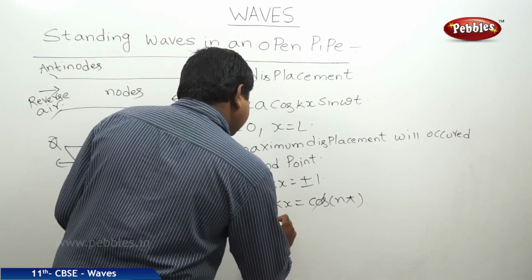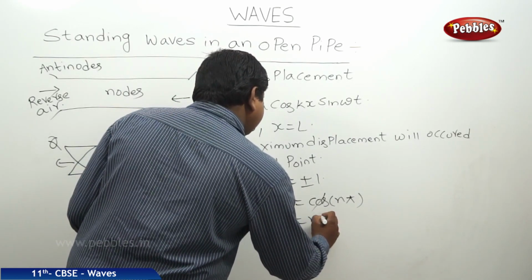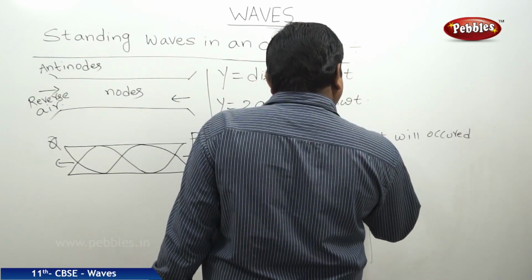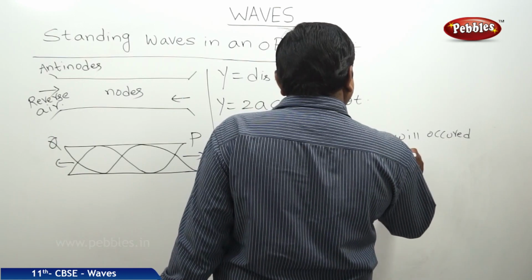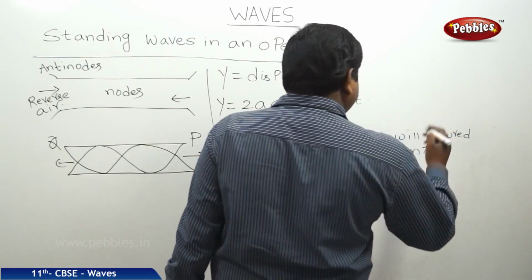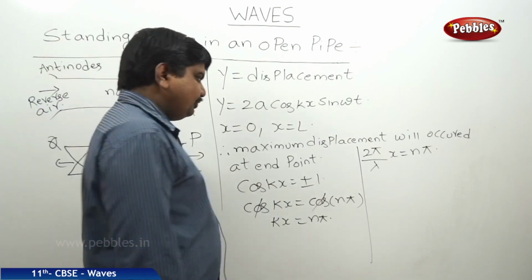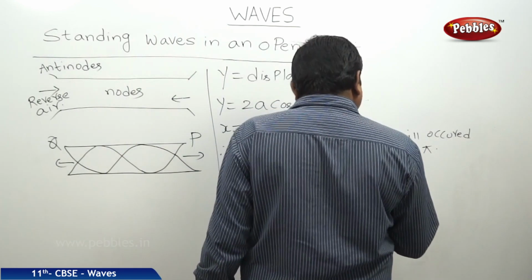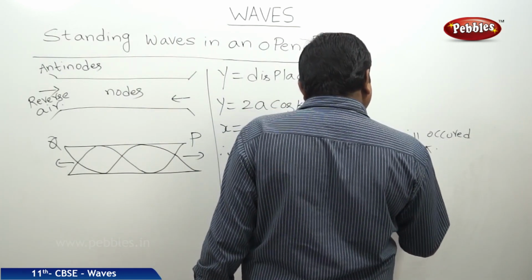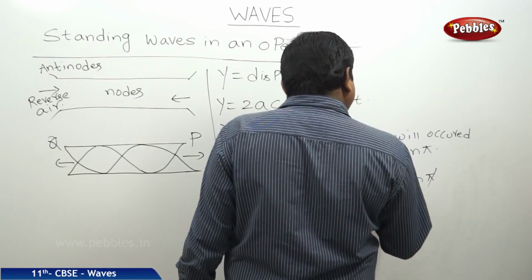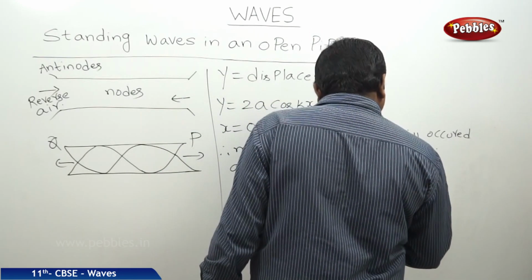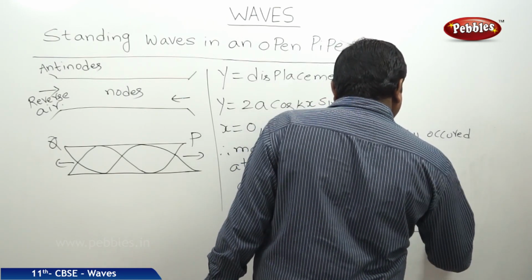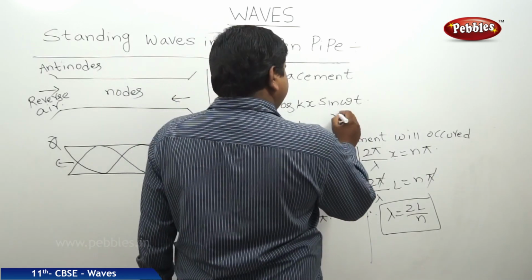Cos and cos get cancelled. Kx is equal to n pi. Therefore, k is 2 pi by lambda into x is equal to n pi. Here x is equal to L because at the ends. So, 2 pi by lambda into L is equal to n pi. Pi and pi get cancelled. Therefore, lambda is equal to 2L by n, where n is the mode of vibration.